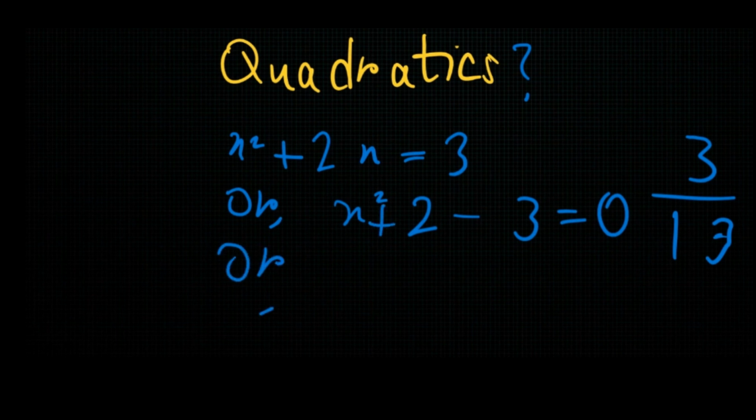So what can we do? Of course, you can put negative 1 and then positive 3, which will be basically 2.